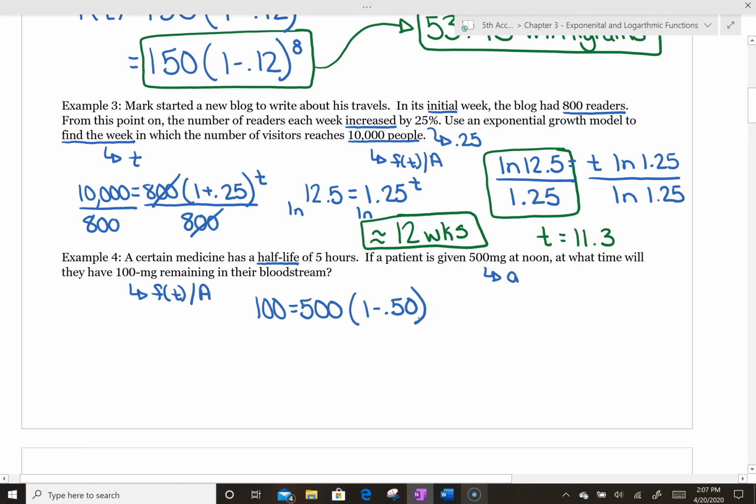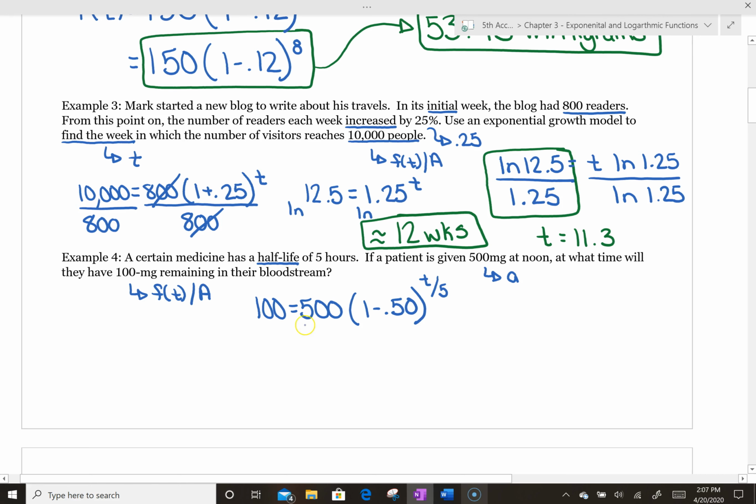Now, the time, though, isn't just going to be a time, because its half-life happens in about 5 hours. So we are going to have to divide the time by 5, okay? Because that's the rate at which it decreases.